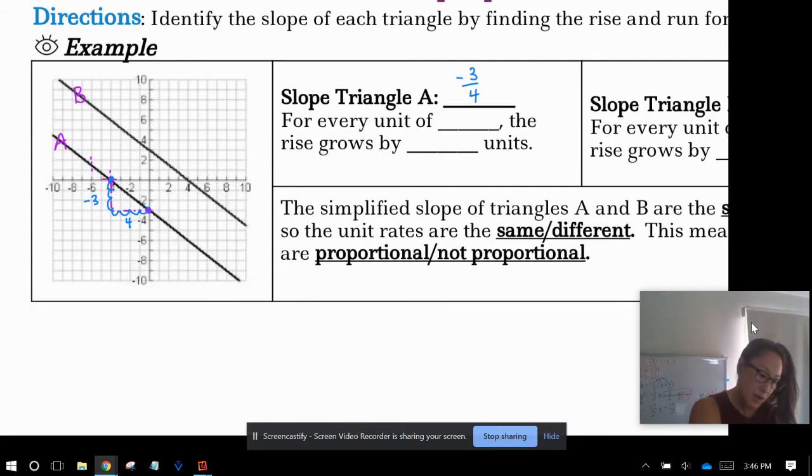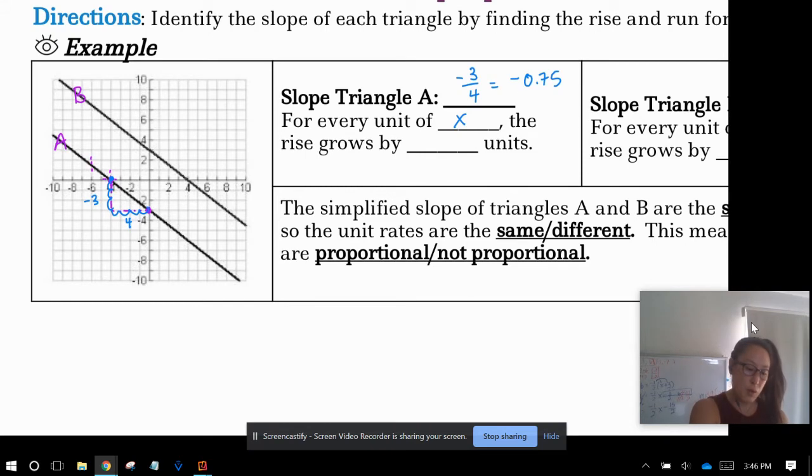So for every unit of x, we're going to reduce this to negative 0.75. You can just divide that in your calculator. 3 divided by 4 gives me negative 0.75 as a decimal.